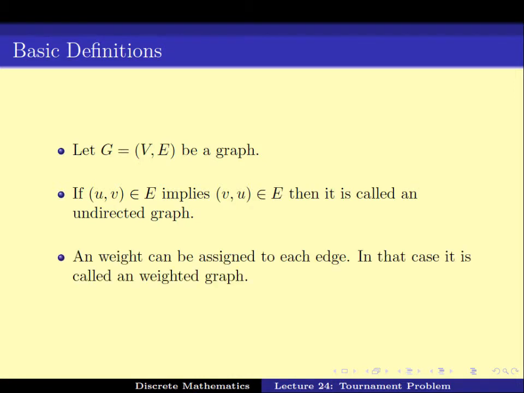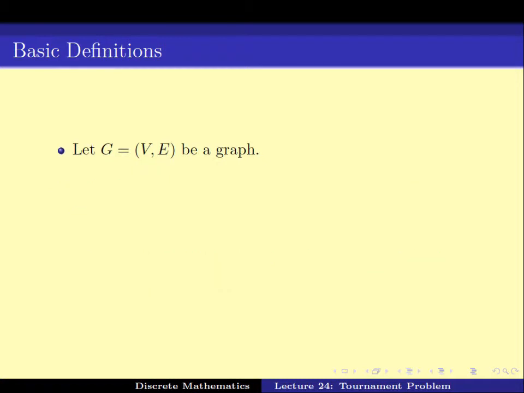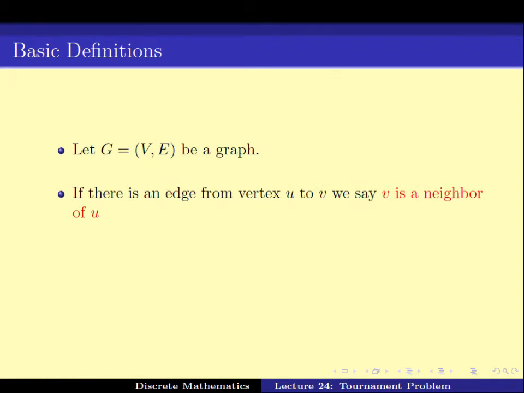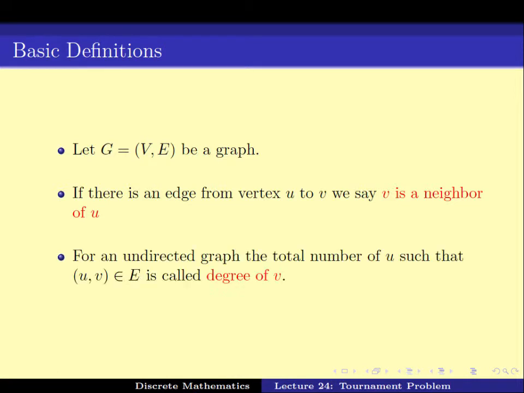Sometimes weights are assigned to the edges, and in that case it is called a weighted graph. If there is an edge from u to v, we say v is a neighbor of u. And in an undirected graph, the degree of v is the total number of edges going out of v.